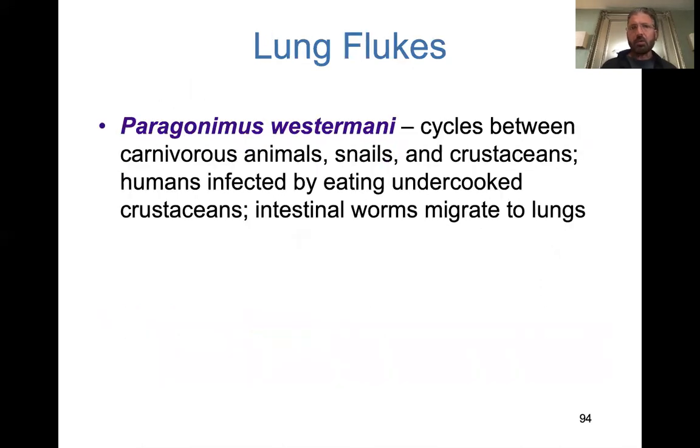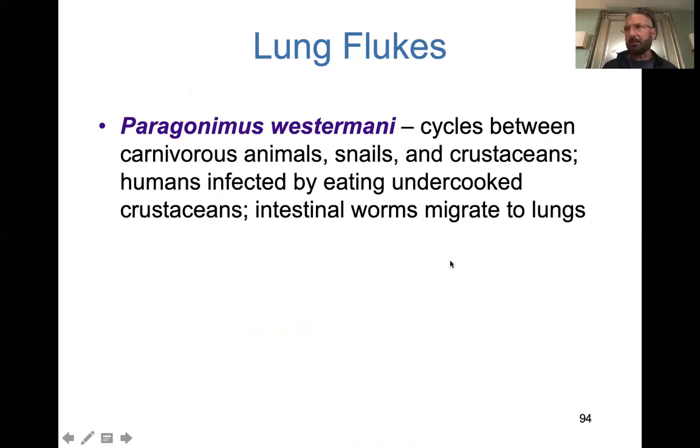All right, so lung flukes, Westermani. If they ask you something about lung flukes, Paragonimus westermani is the name. That's what they're looking for. It cycles between carnivorous animals, snails, and crustaceans. Humans are infected by eating undercooked crustaceans, so that would be lobster, whatever. The worms migrate to the lungs.